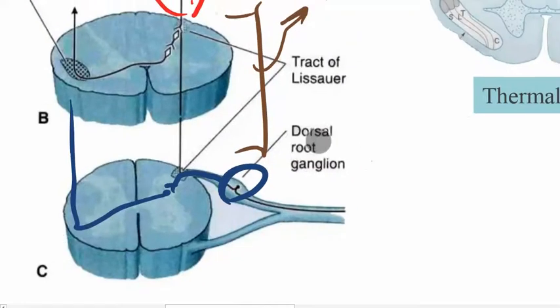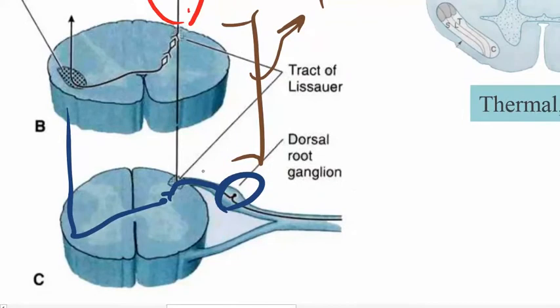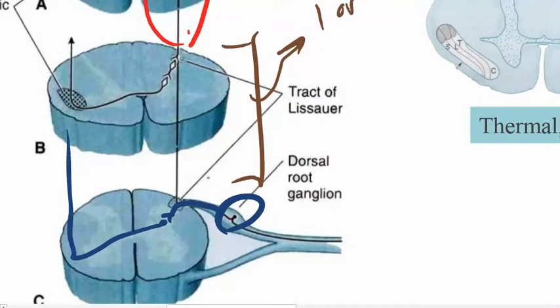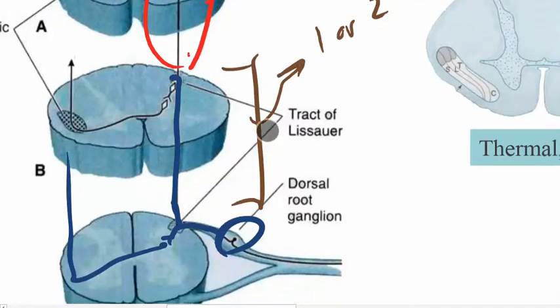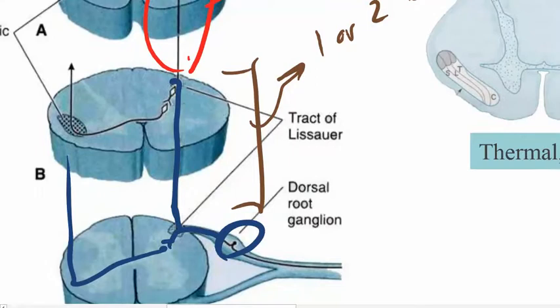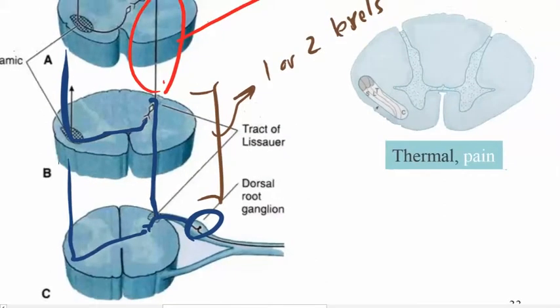This can happen, but generally it moves up and then synapses at the nucleus proprius or the substantia gelatinosa. Once it synapses there, it would decussate and then move up.